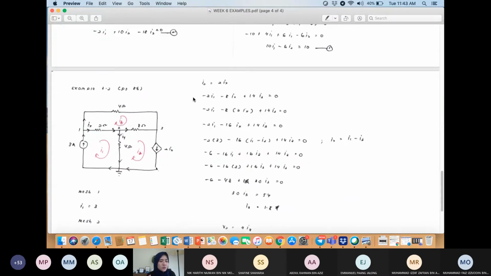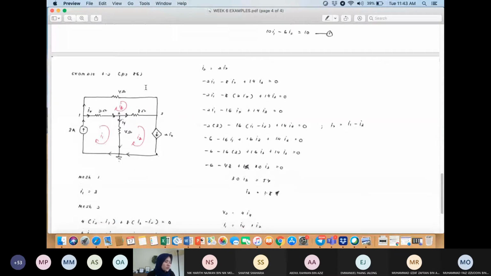The question is to use mesh analysis to find V2. V2 is over here, the nodal voltage V2, from this point to ground. The question asks you to find V2 using mesh analysis.